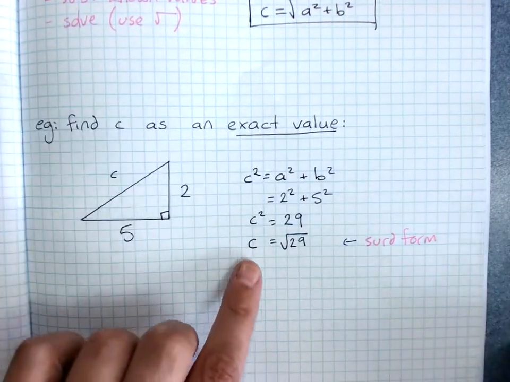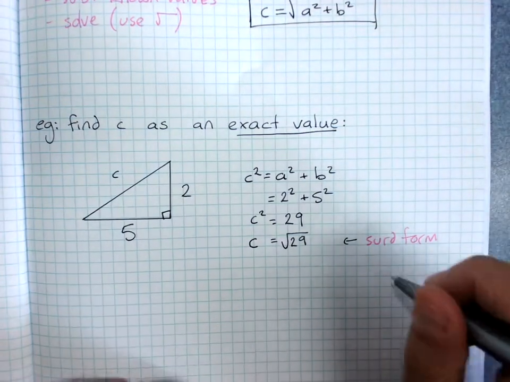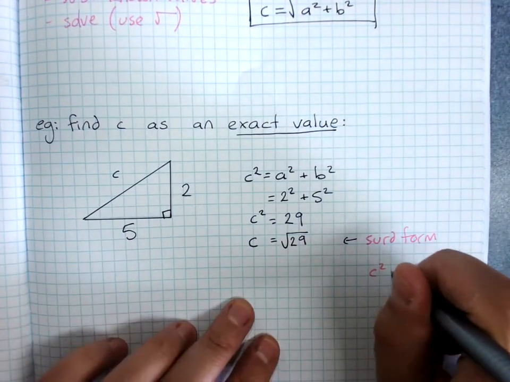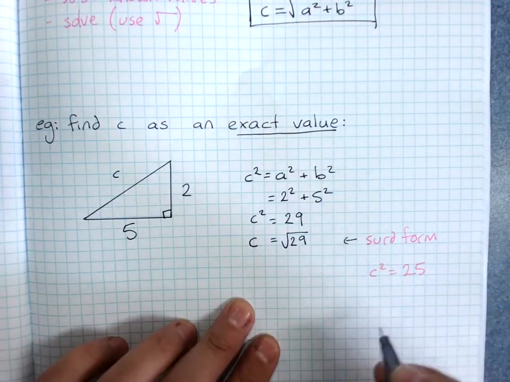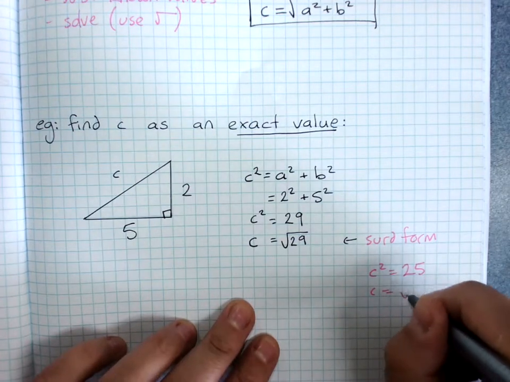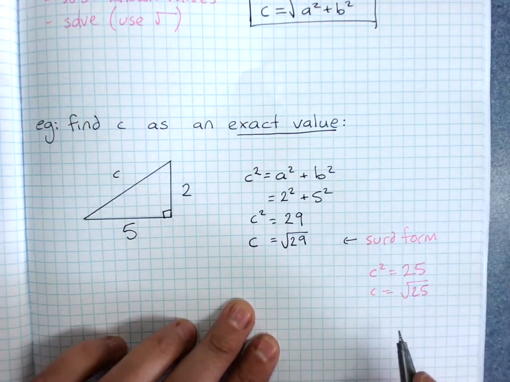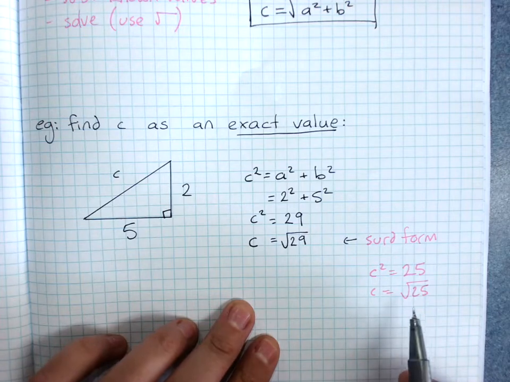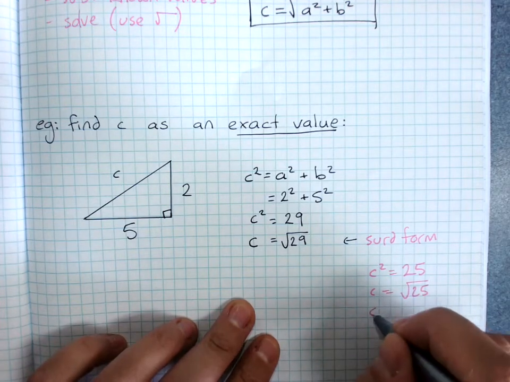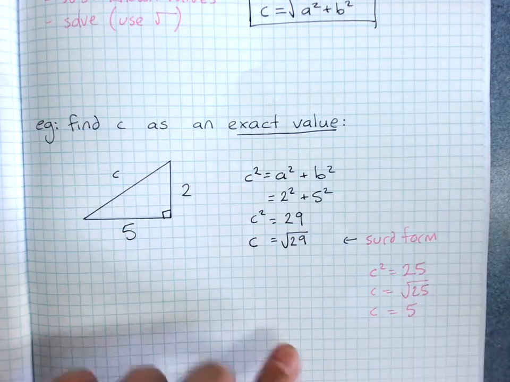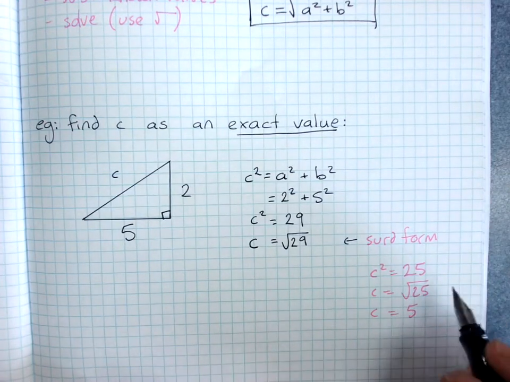If I'd come out with c squared equals 25, then c would be the square root of 25, and I can give an exact value for that. That's 5. The square root of 25 is not a surd.